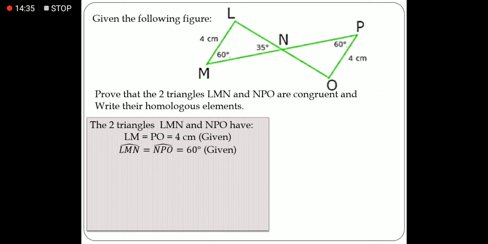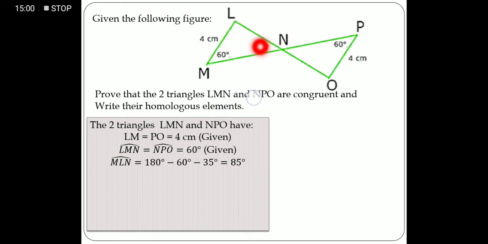LMN equal to NPO equal to 60 degrees. What about MLN? Since this side LM, I'm searching whether I know MN to say that it's angle, side, angle. They didn't give me its length.